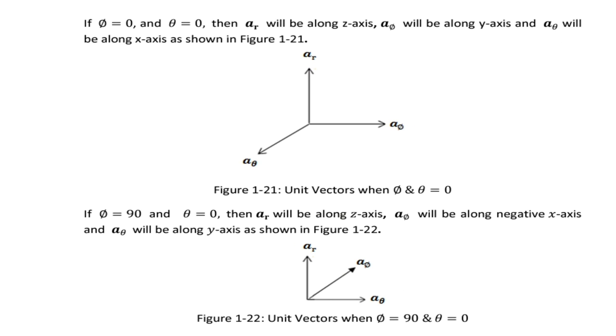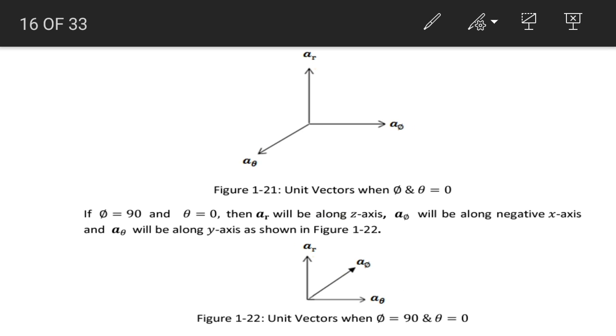Let us consider two examples. First, if phi is 0 and theta is 0. Let us consider the location of these three unit vectors if phi is 0 and theta is 0.